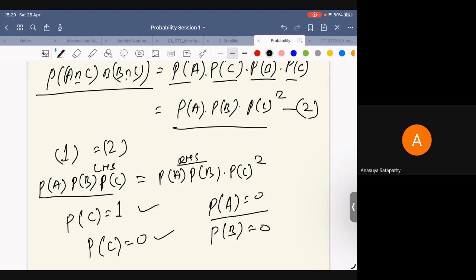So these are the conditions of A, B, and C when they will be independent. It will be only in the condition that P of C is equal to 1 or 0, and A and B must be 0 to satisfy this condition. Okay, you just need to write these as my conditions to satisfy for this to be independent.